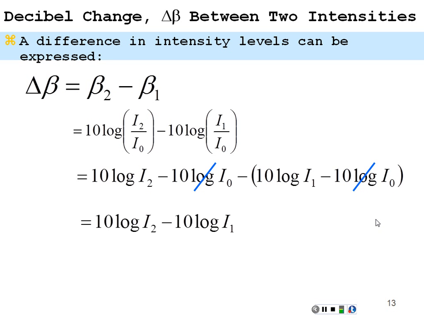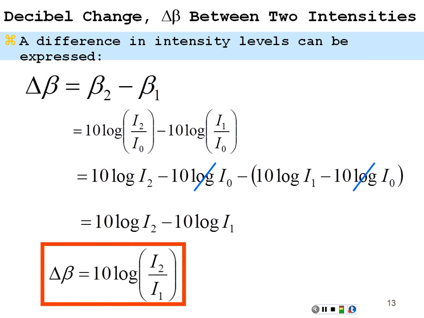And this difference would be 10 log intensity 2 minus 10 log intensity 1, which in logarithmic math is 10 log I2 divided by I1. So a difference in intensity level is 10 times the log of intensity 2 over intensity 1.